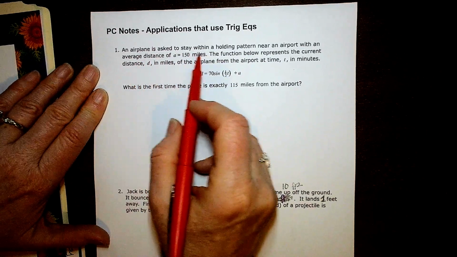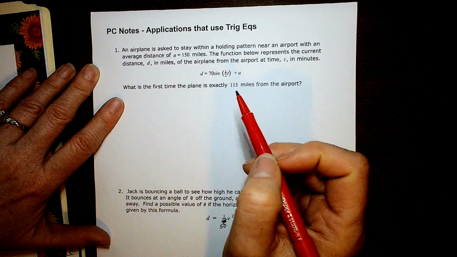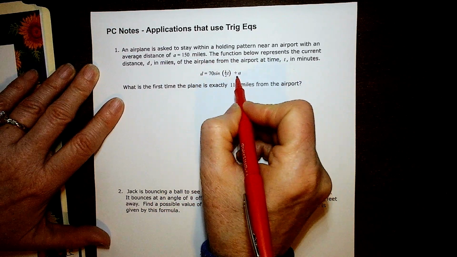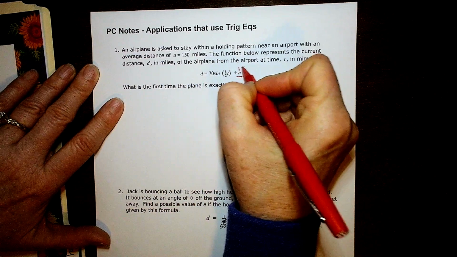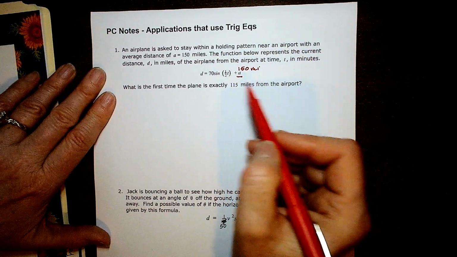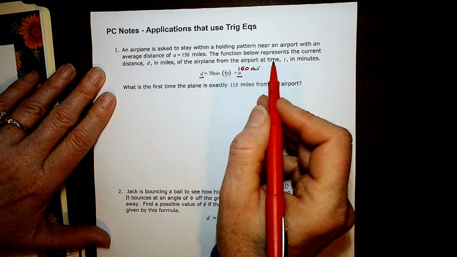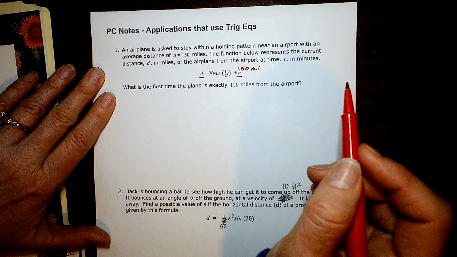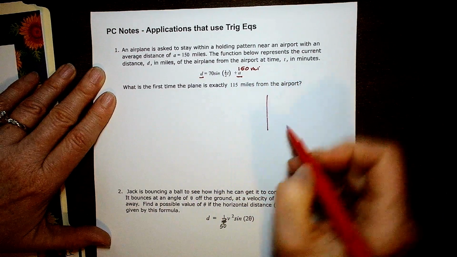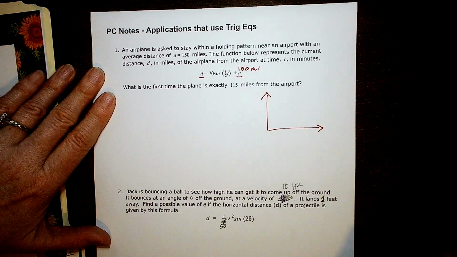An airplane is asked to stay within a holding pattern near an airport with an average distance of 150 miles. So that's A. This average distance is 150 miles. The function below represents the current distance in miles of the airplane from the airport at time t in minutes. Now we know the Pavlovian response to word problems is label your axis.